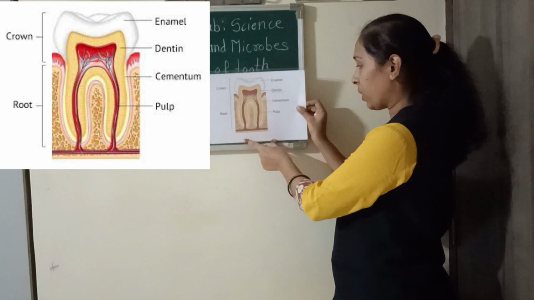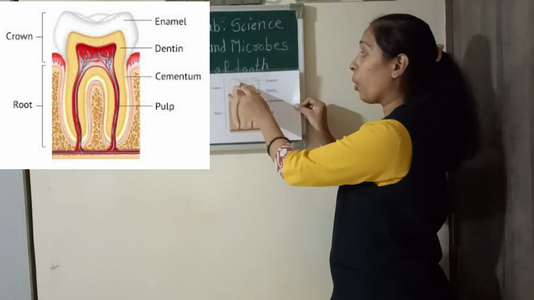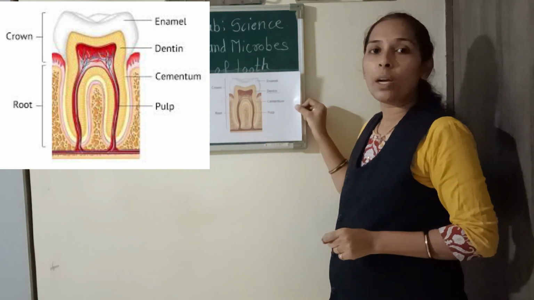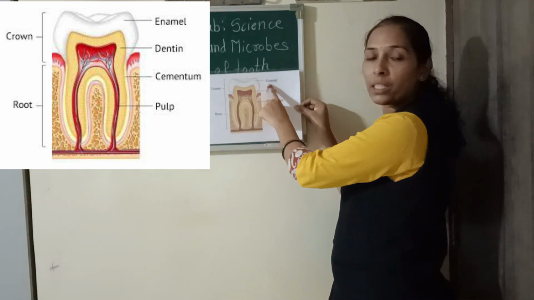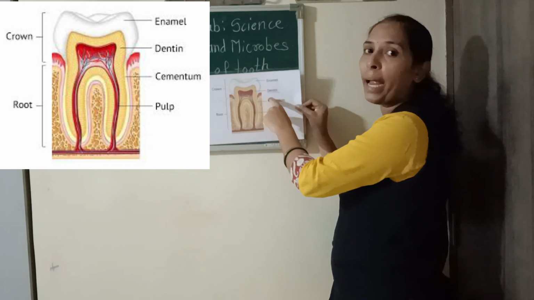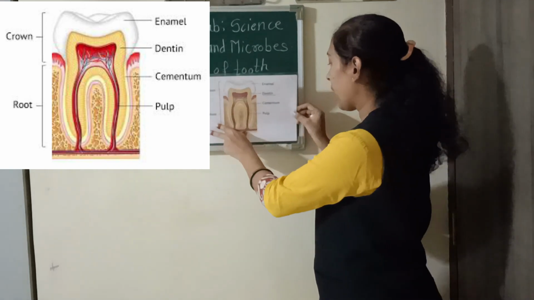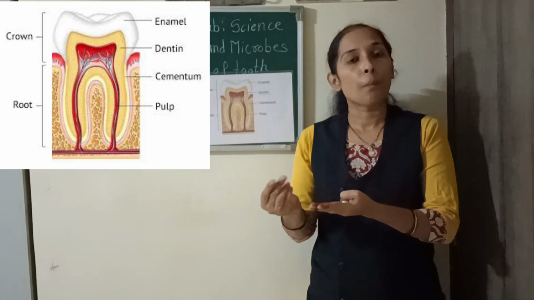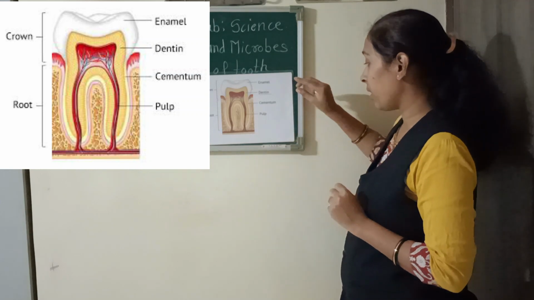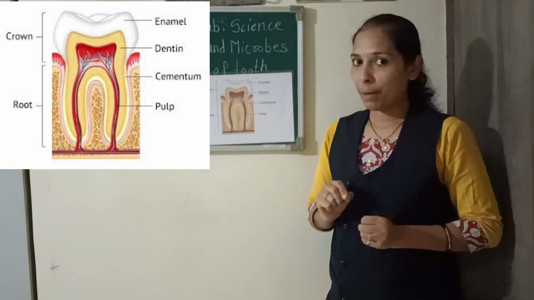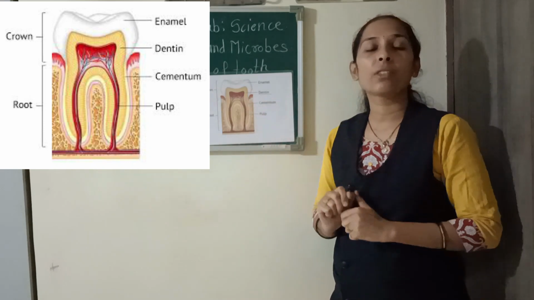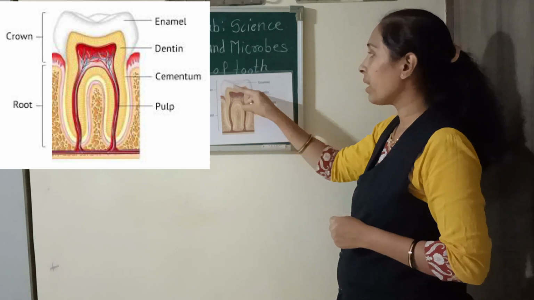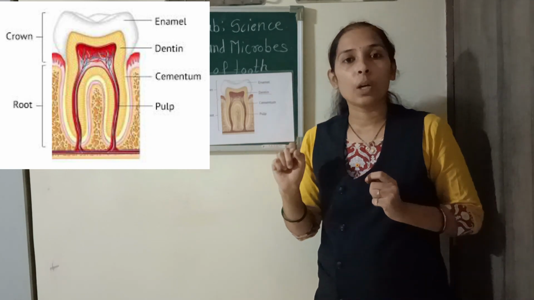Now the next part: the white covering on the tooth that we can see is called enamel. The interesting thing about enamel is that it is the hardest part of the human body. We cannot break it very easily. So the white covering that we can see is called enamel.